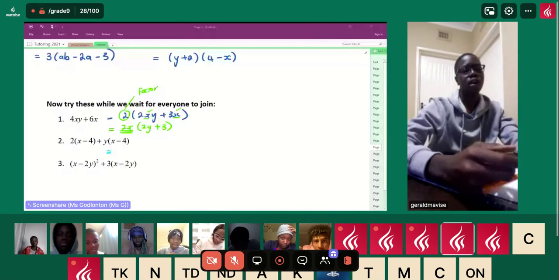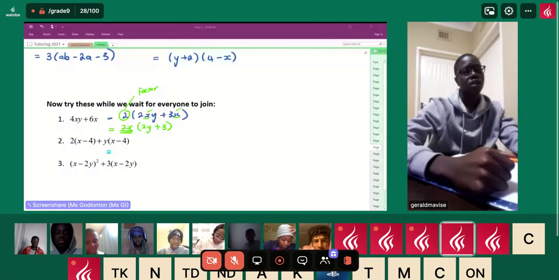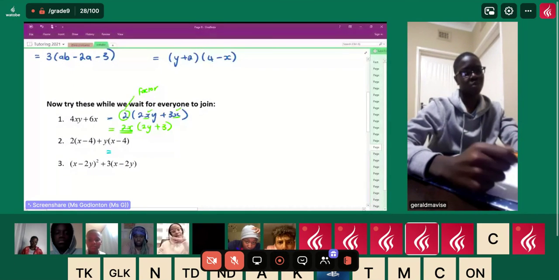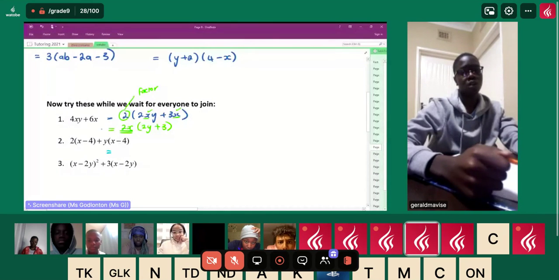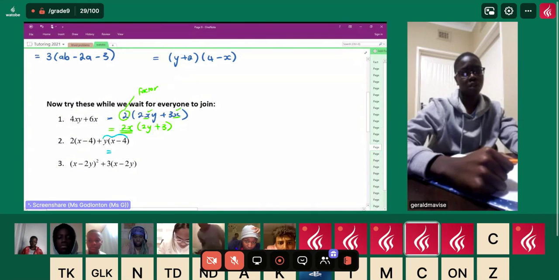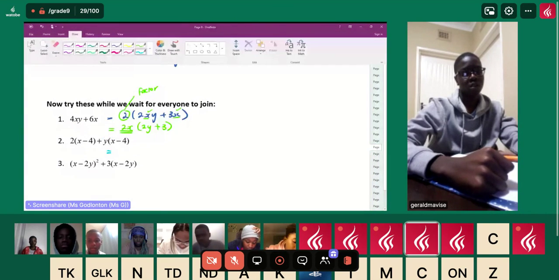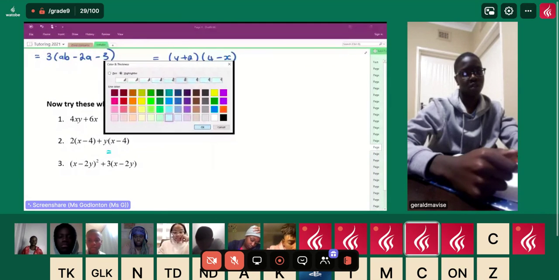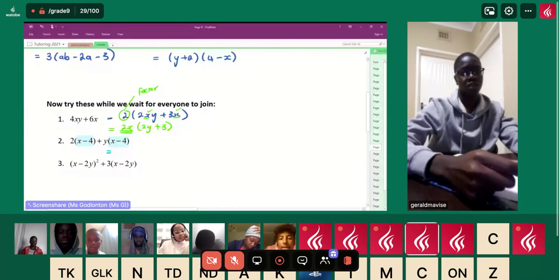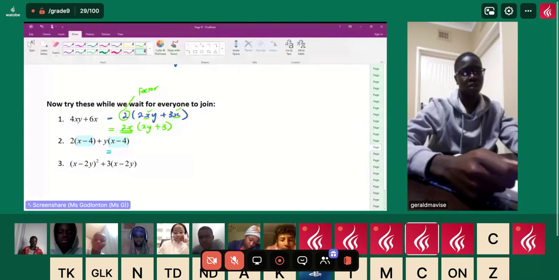I'm not sure if you should do it the why. Okay, well, what did you do so far? Like, what have you managed to take out? I took out the highest common factor of 2. Okay, so the problem with taking 2 out is that I haven't got a 2 that's just chilling in this term over here. So this is going to be one of those ones that we looked at in Tuesday's lesson, where instead of taking out a number, we're going to take out a bracket that is common in both of our terms.